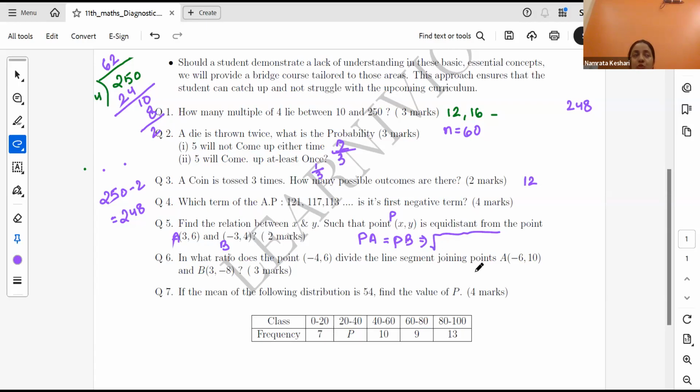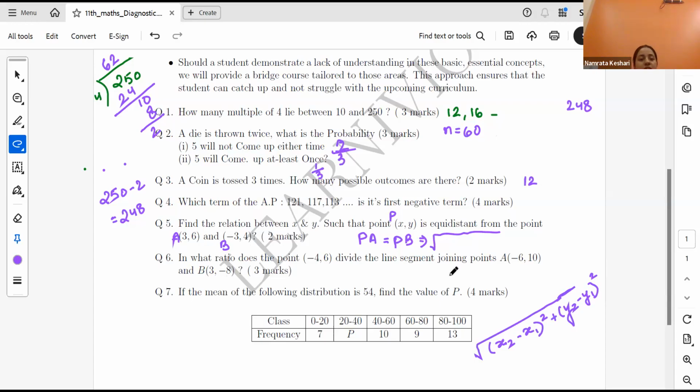It is root of x2 minus x1 whole square plus y2 minus y1 whole square. So we will just be using the distance formula, right? Able to recall this formula, Maryam? Yes, Miss. From here you will get the equation.